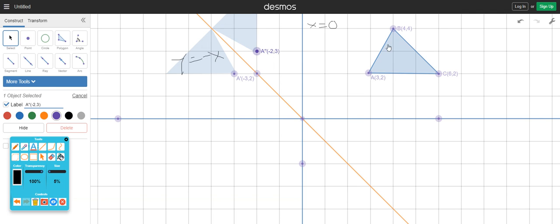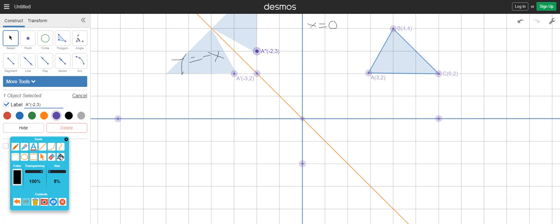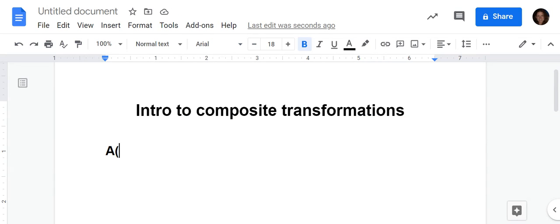So we are going to look at using it as an example. We went from here to here to here, and let's look at how we do that. So I'm going to go back to here. I'm going to not use the biggest font I've ever had. I know that A was 3, 2.